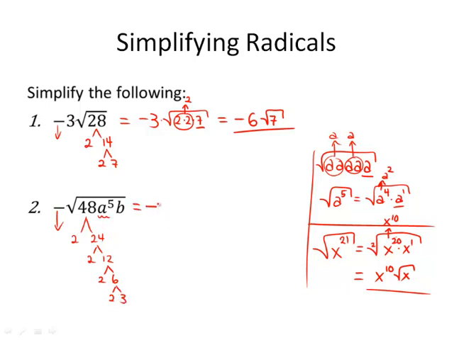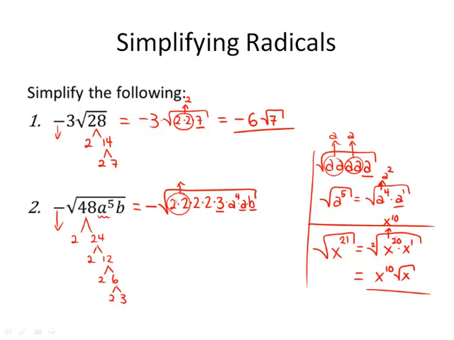So that's negative, and then we can write that all out. 2 times 2 times 2 times 2 times 3 times a to the 4 times a, because we want an even power, and then you can always write out an extra one if you have an odd power, and b is also there, and b is another single. So we've got 3 as a single, a as a single, and b as a single. So those will be the ones that have to stay under the root in order to make it in simplest form.